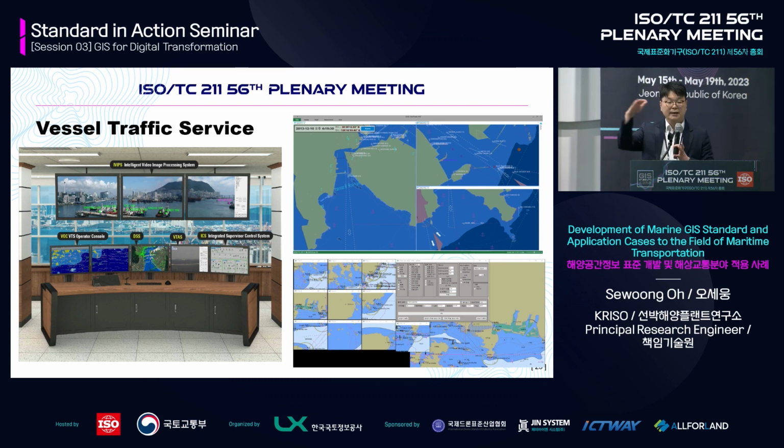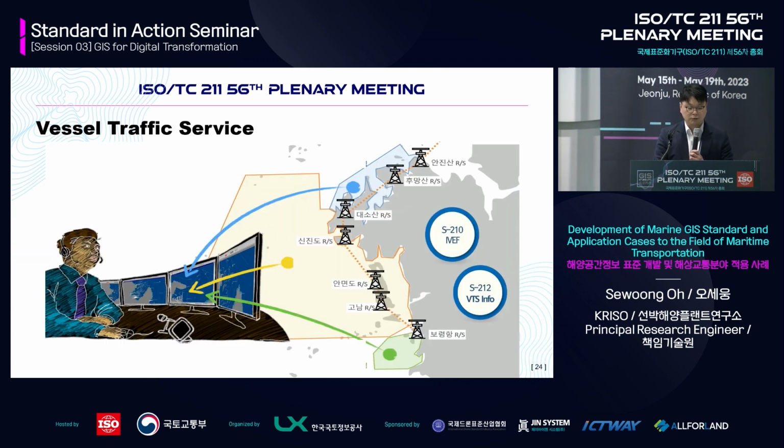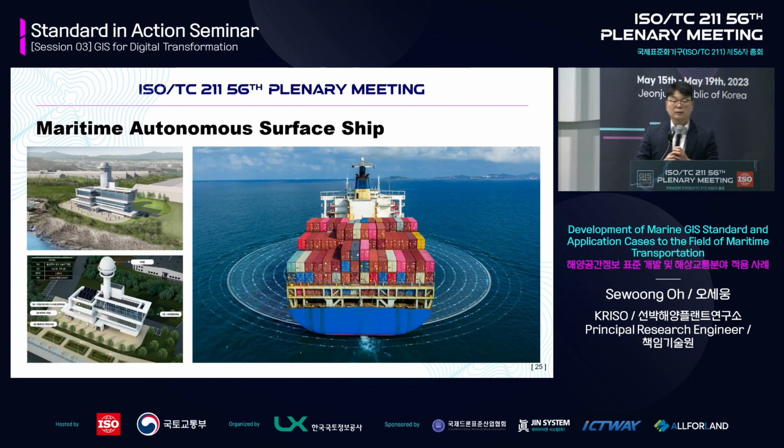And we also have VTS. I'm sure many of you are already familiar with VTS, Vessel Traffic Service. Currently, it's on voice communication, but to transfer that into digital data and send the data as polygons, it would be much more useful. So that is one of the directions we're taking. Maritime autonomous surface ship is also one of the future directions we see coming into place.